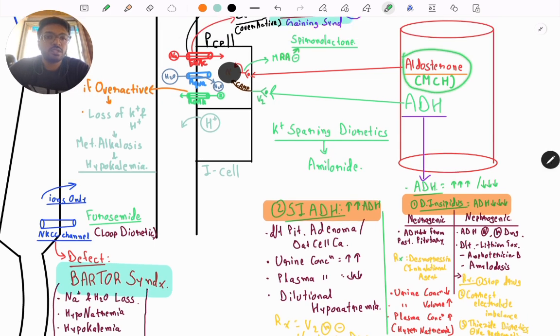Another hormone we have here is aldosterone, which is a mineralocorticoid hormone, which means it's coming from our suprarenal gland or adrenal gland. This mineralocorticoid hormone has a mineralocorticoid receptor here in the principal cells. So if our aldosterone gets too much or too little, then we will have to use some pharmacological intervention.